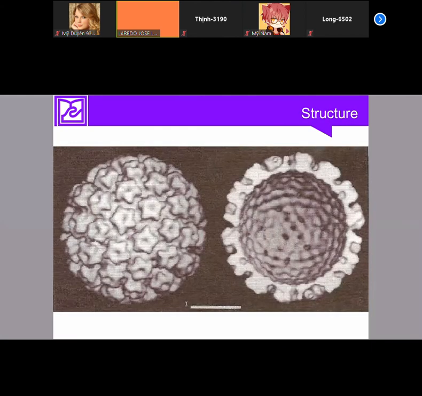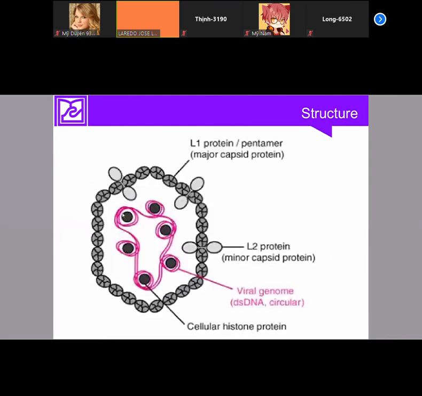This is the structure of papillomaviruses. They don't have an envelope. This is the capsid. They have the nucleic acid, double-stranded, so 2 molecules of DNA. This is the capsid, icosahedral. The capsid is made of capsomers, small proteins, and these capsomers are 2 different types of proteins, the L1 and the L2.